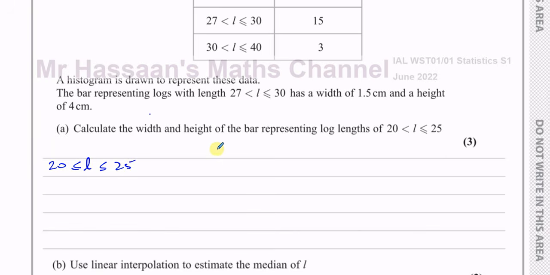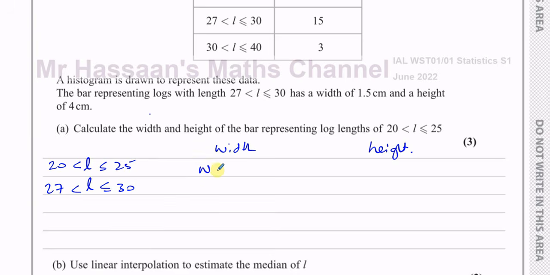I'm going to deal with the width of the bar and the height of the bar. And we have also the 27 less than L to 30 category.